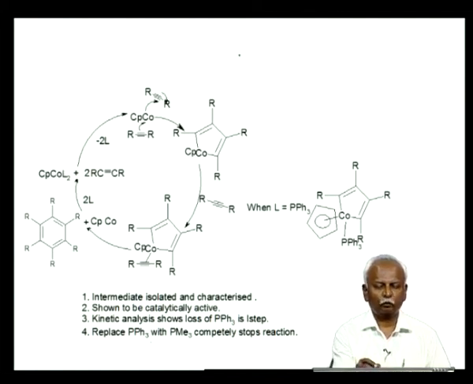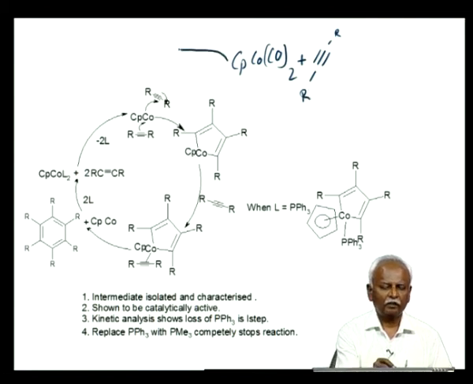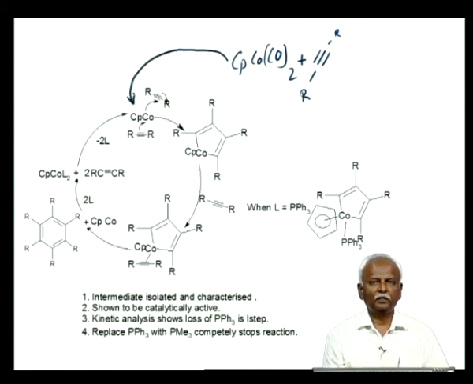So, the reaction that we are talking about is CpCo(CO)2 plus 2 acetylene molecules, which will lead to this intermediate, and this intermediate now can carry out an oxidative addition reaction.